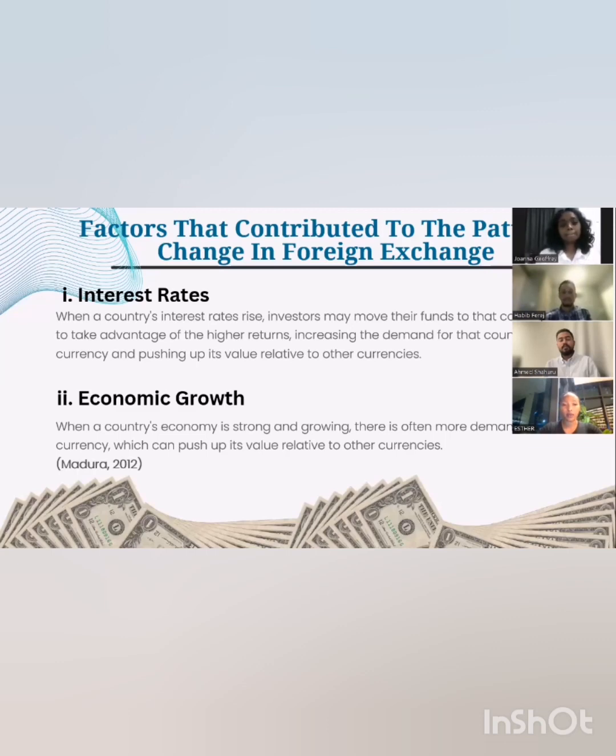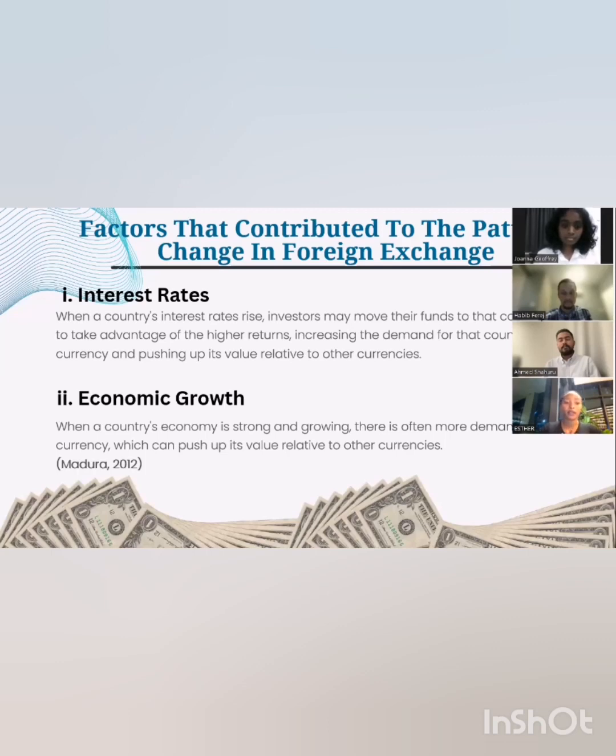A good example is the US dollar, which is used mostly in purchasing by business people in different countries. When they want to make purchases, they will have to change their money to US dollars to make the purchases. So this is highly contributed by its economic growth and strength, whereby this makes its currency pushed up in value against the other currencies.